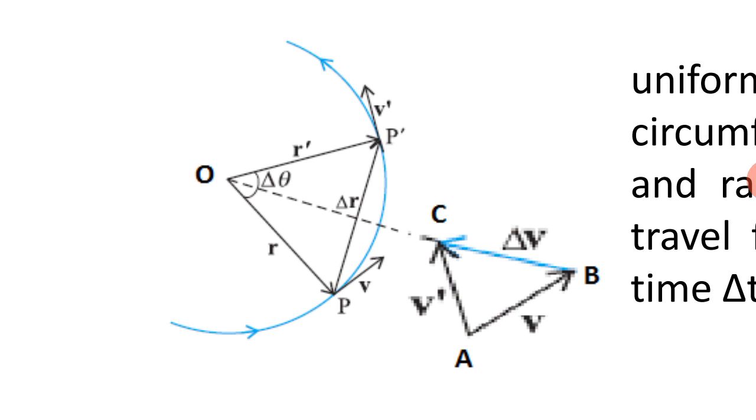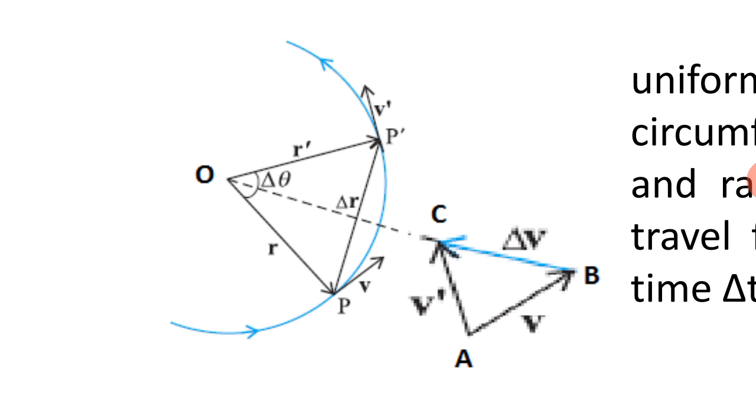Let R be the radius of the circular path. See, at P the velocity is v, and at P dash the velocity is v dash.